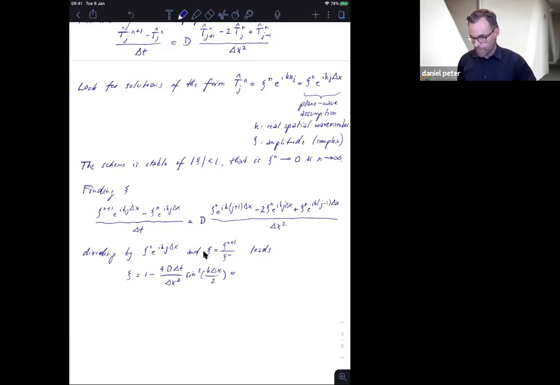Which we could rewrite a bit, 1 minus 2 alpha sine squared k delta x over 2, and this alpha term is D delta t over delta x squared.